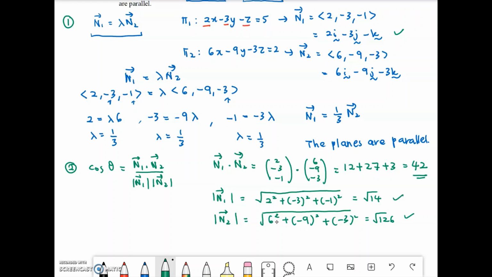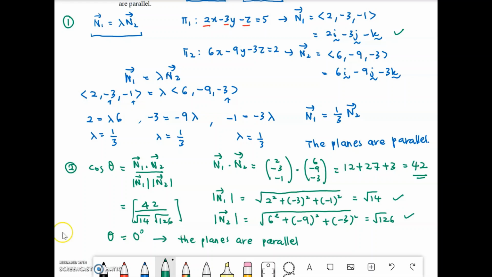So then we just substitute all these values into the formula. We have cos theta equal to 42 divided by the square root of 14 times the square root of 126. So when we want to find theta, which is the inverse cos of this value, we get theta equal to 0. Since theta is equal to 0, it is shown that the planes are parallel.